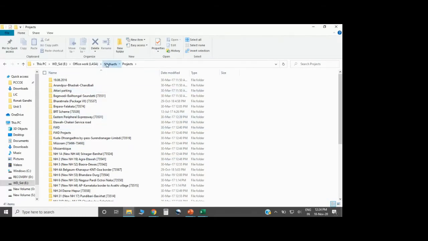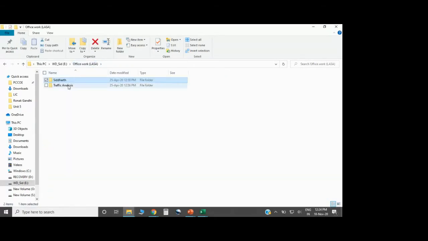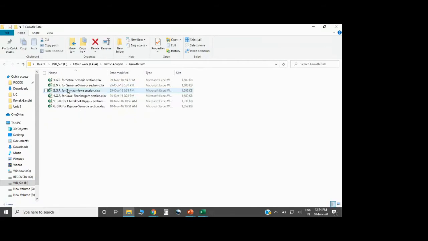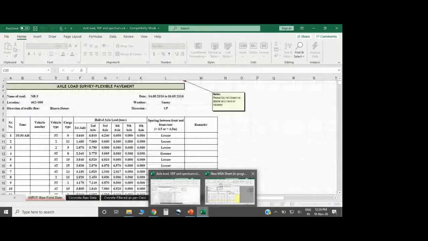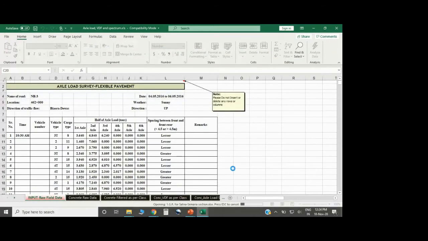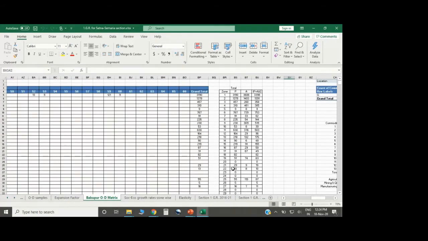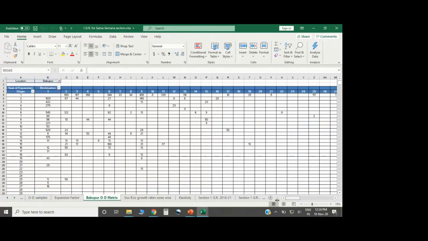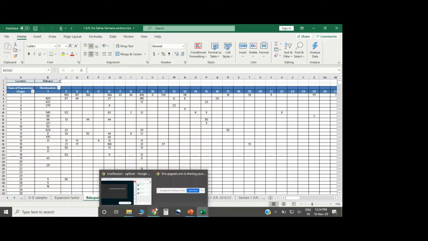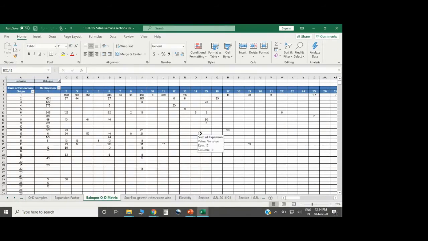Growth factors. Yeah. So I hope this screen is visible.